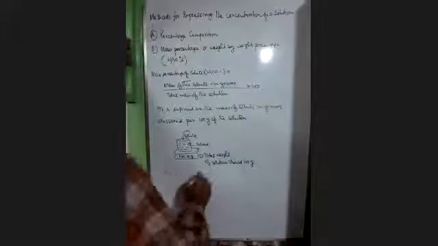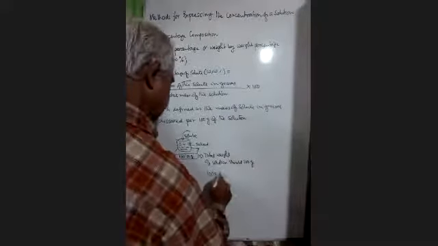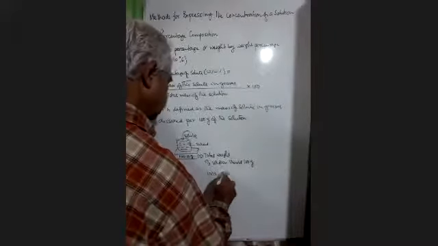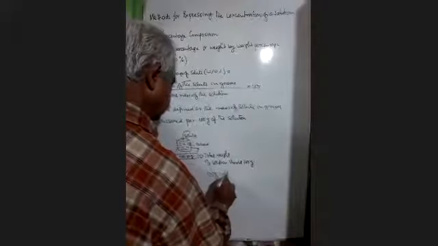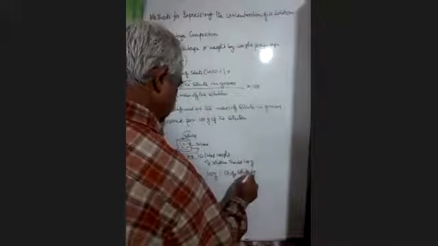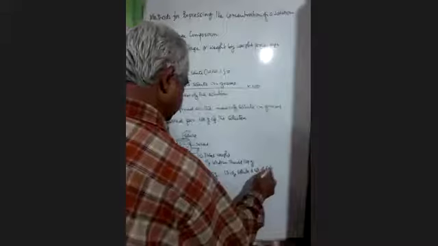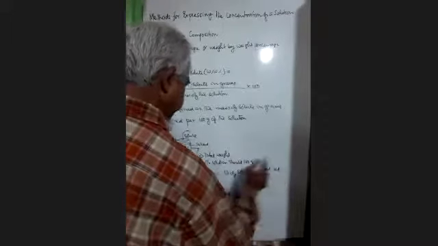Now see here, 100 gram is what? 100 gram, the total of the solution, is equal to the sum of the weight of solute plus the weight of solvent. Don't forget.